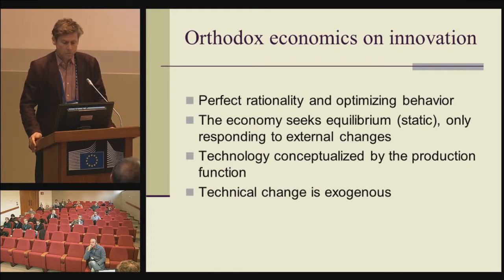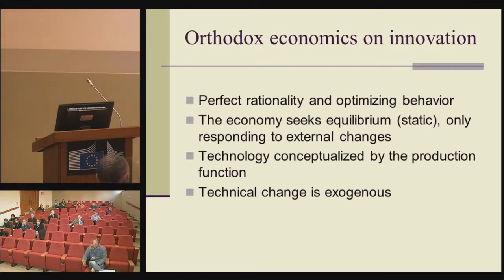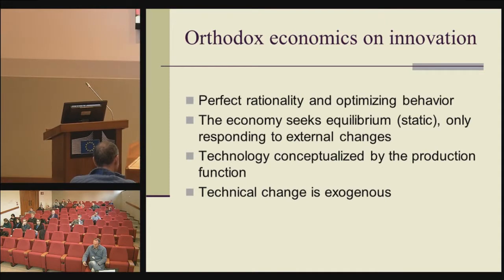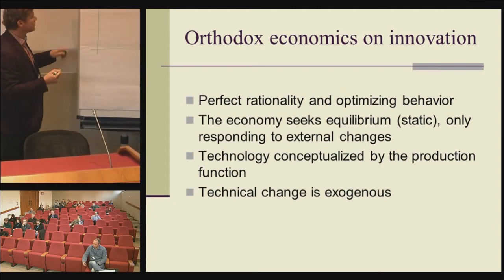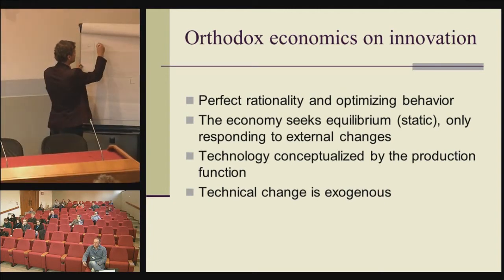And well, the way technology appears in these theories is external, and you have the production function. I will draw that. Capital and labor, the two main ingredients to explain what's going on in economic activities.